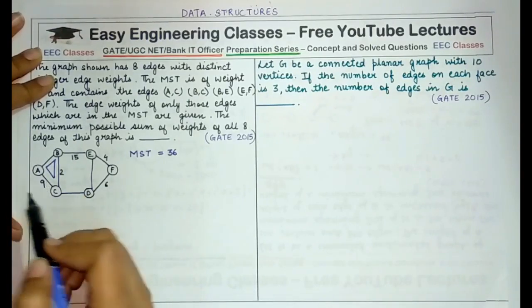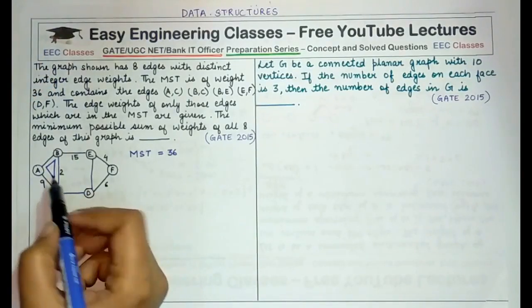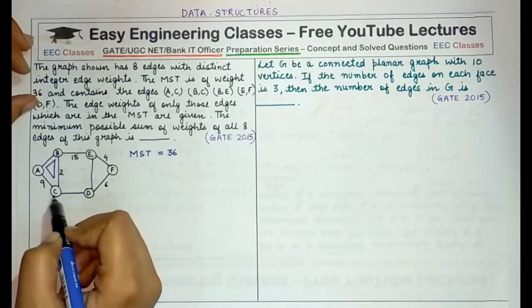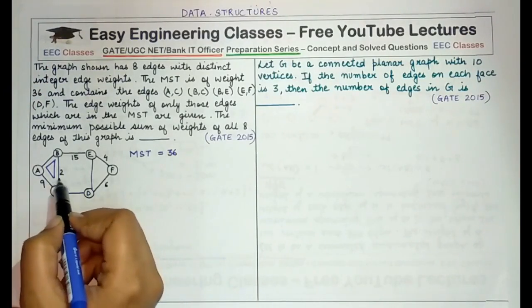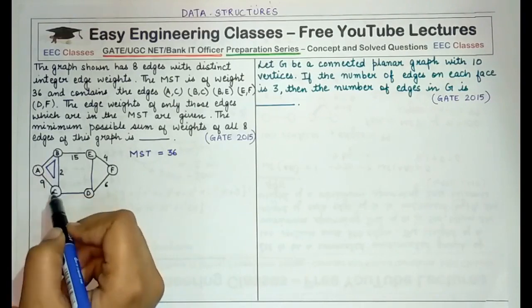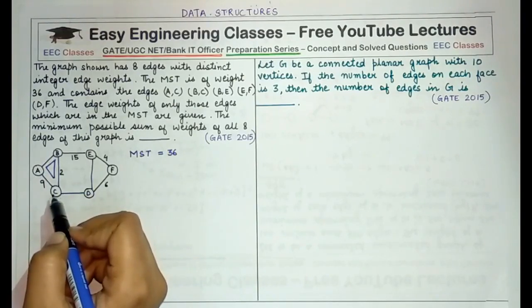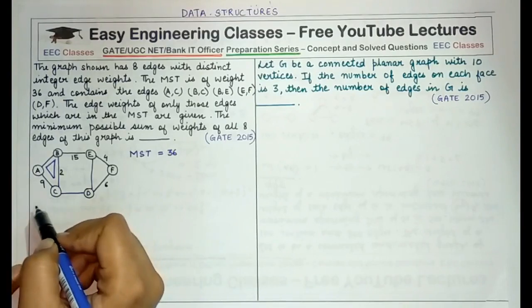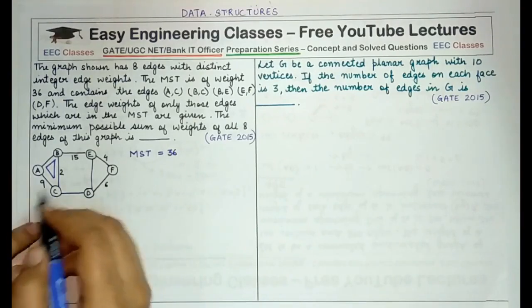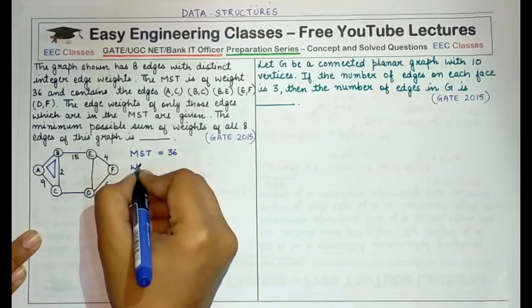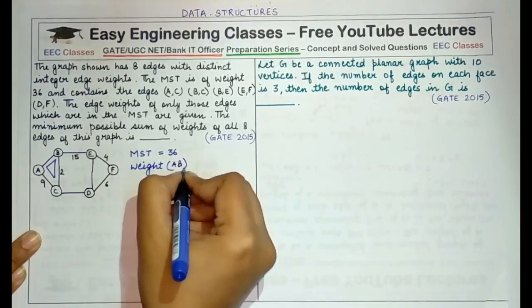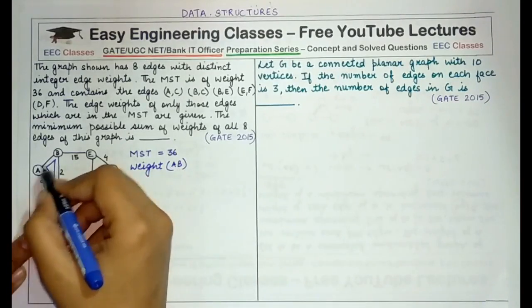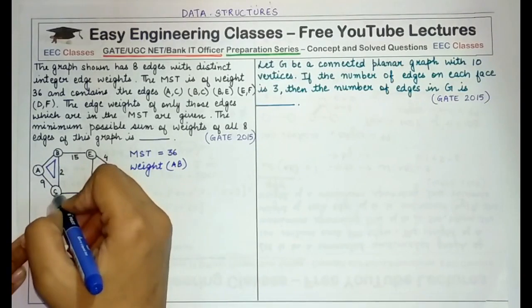So we would have to choose any 2 edges between AB, AC and BC, and since it is a minimum spanning tree, we would choose the minimum weighted edges. The 2 edges that are selected are AC and CB, therefore these would have been the minimum weighted edges. Thus we can clearly say that the weight of AB must have been greater than the weight of the maximum weight edge out of AC and CB.